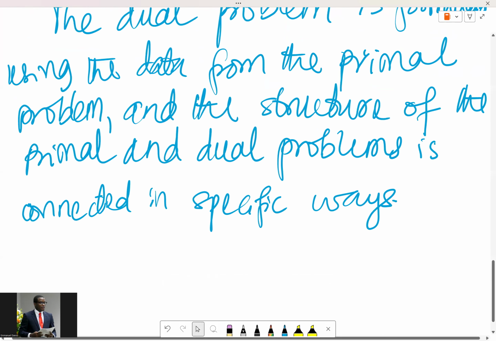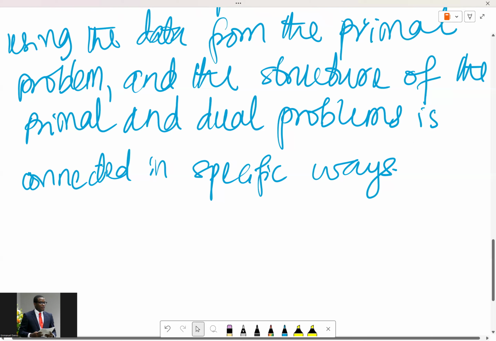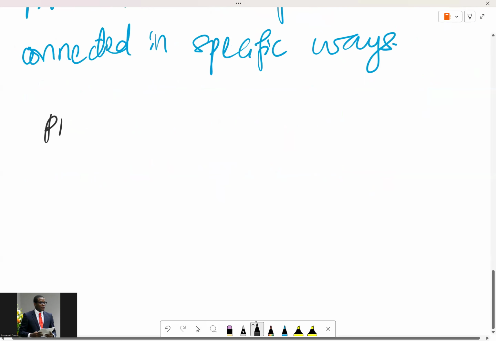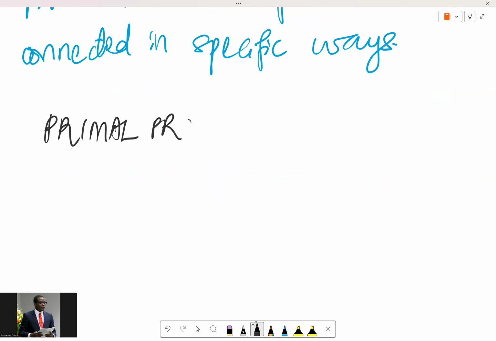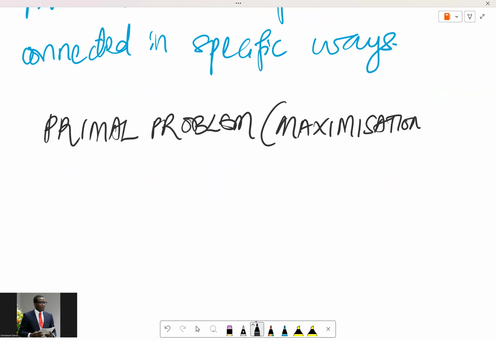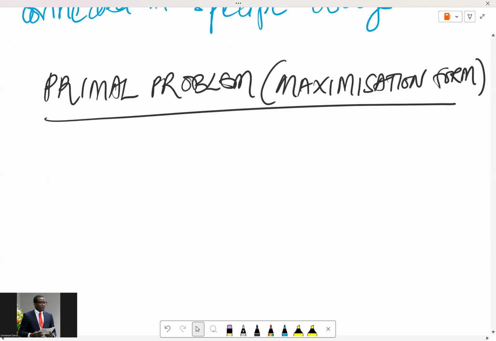For instance, imagine this primal problem, which is of the maximization type. You have a primal problem, which is a maximization problem, in maximization form. So imagine you having this.